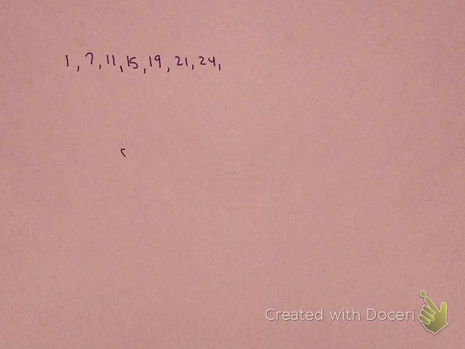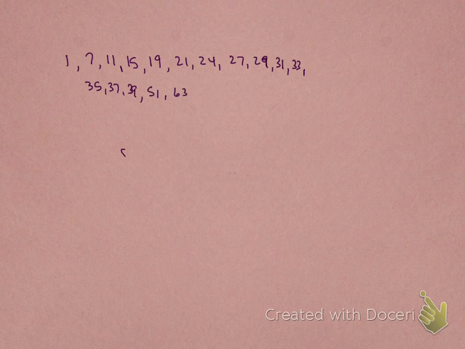So 1, 7, 11, 15, 19, 21, 24, 27, 29, 31, 33, 35, 37, 39. I guess I could have shortened that and said 27 to 39 odd. And then we're going to jump to 51, 63, and I believe that's it.